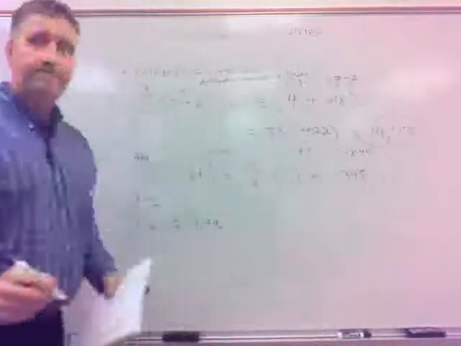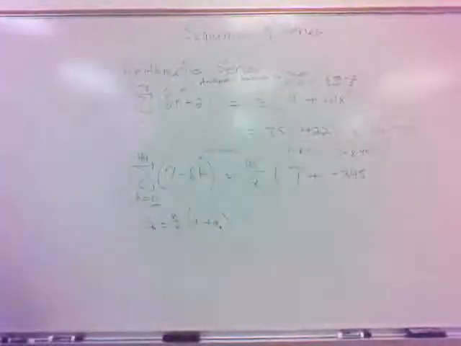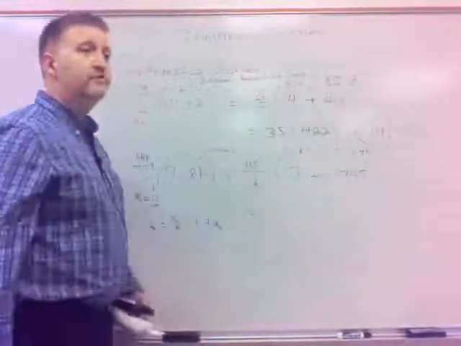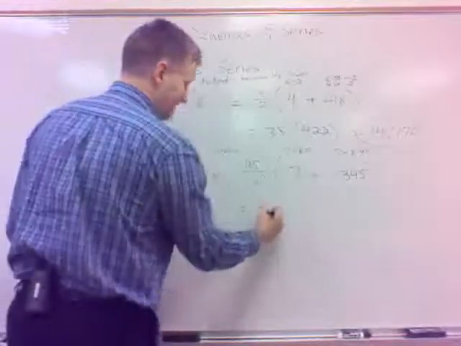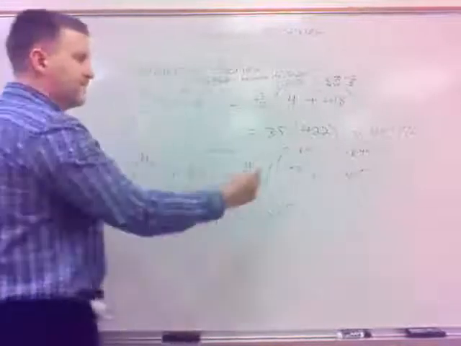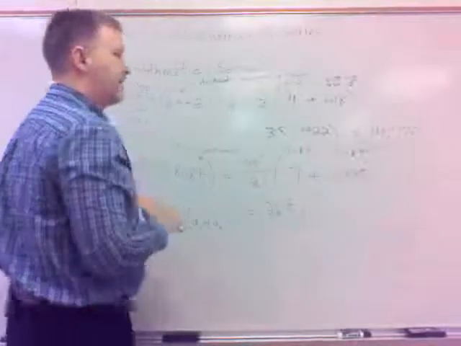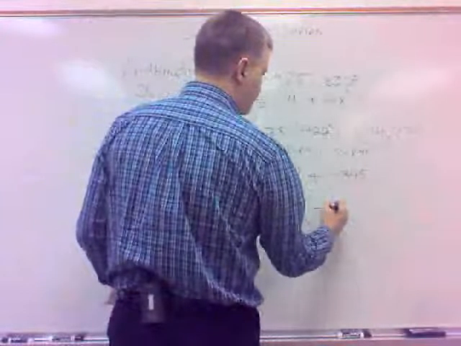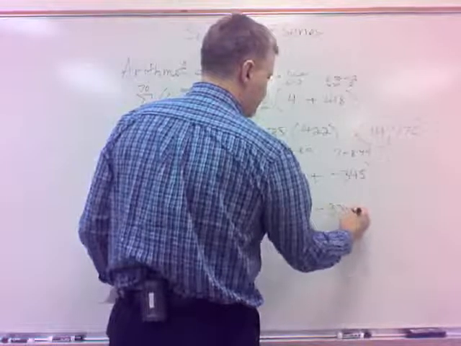Anybody else get that? Is that what y'all got? Okay. Which brings up a couple points here. 45 divided by 2 is 22.5. That's okay. You can have decimals here. And then also over here, 7 minus 345 is negative 338, isn't it?